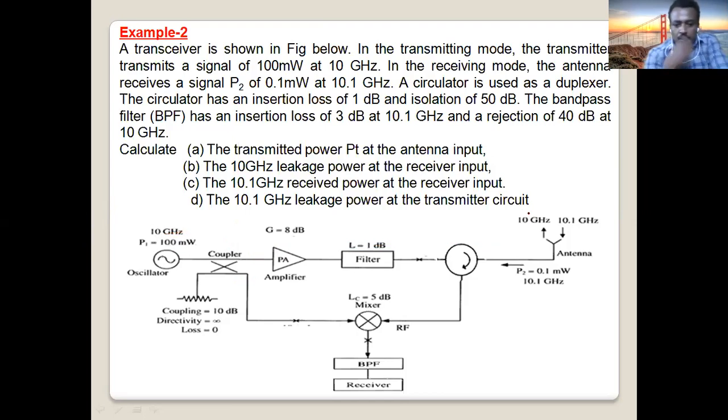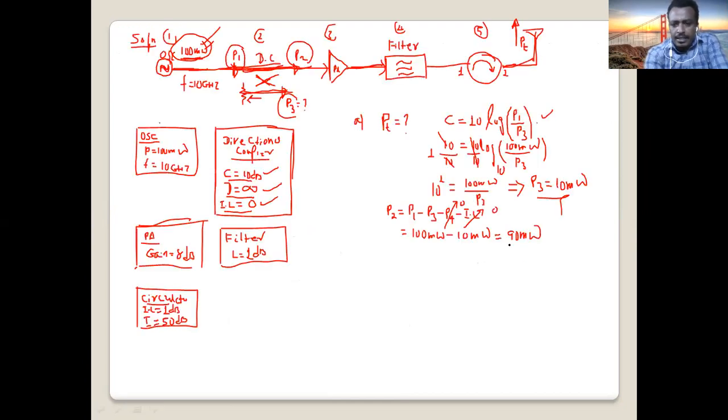Okay, so to do this analysis, it's better to convert this milliwatt into dBm.